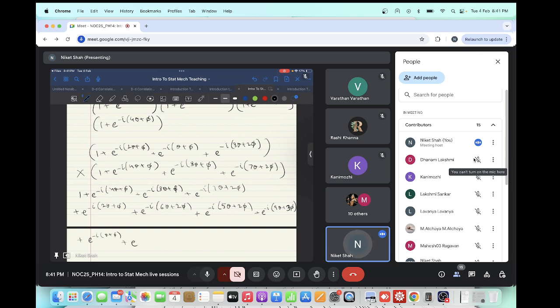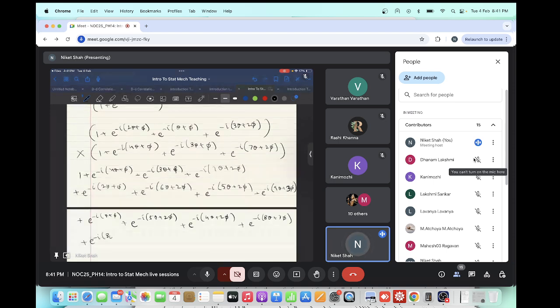I'm still evaluating the bracket now. i 5 theta plus 2 phi, e raised to power minus i 4 theta plus 2 phi, e raised to power minus i 8 theta plus 3 phi, plus e raised to power minus i 3 theta plus 2 phi, e raised to power minus i 7 theta plus 3 phi, e raised to power minus i 6 theta plus 3 phi, e raised to power minus i 10 theta plus 4 phi.